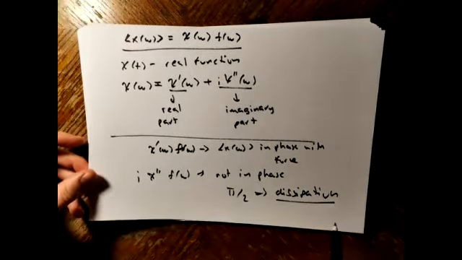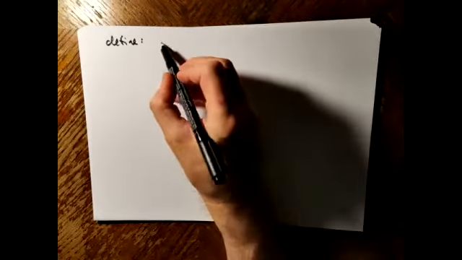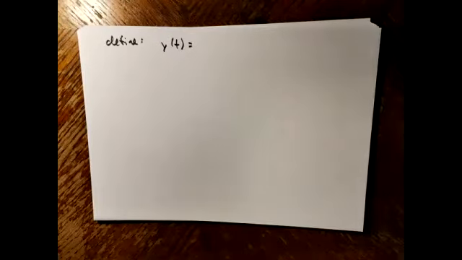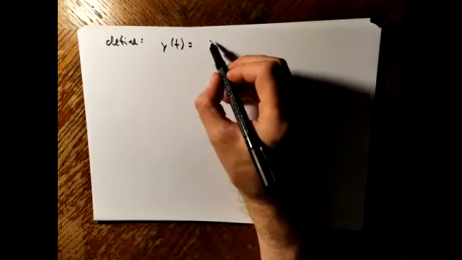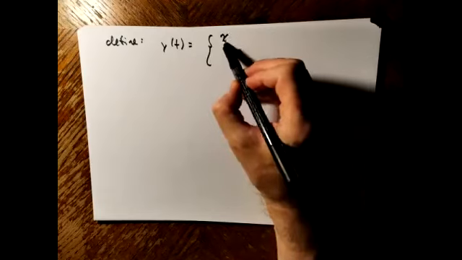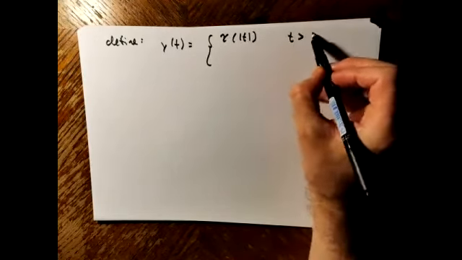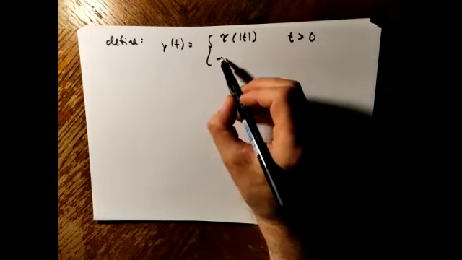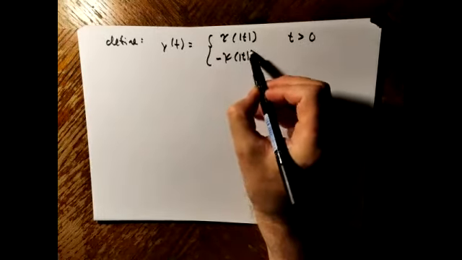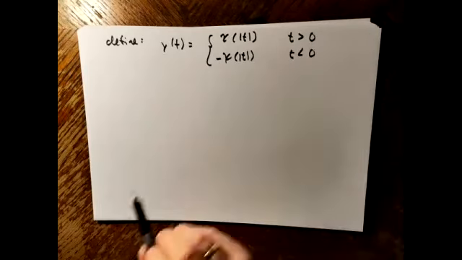Now what we want to do is investigate how these two are related, and the way we're going to do it is we're going to first define a function y of t. And what is this y of t going to be? Well, it's going to be chi of t when t is greater than 0, but minus chi of the absolute value of t when t is smaller than 0.